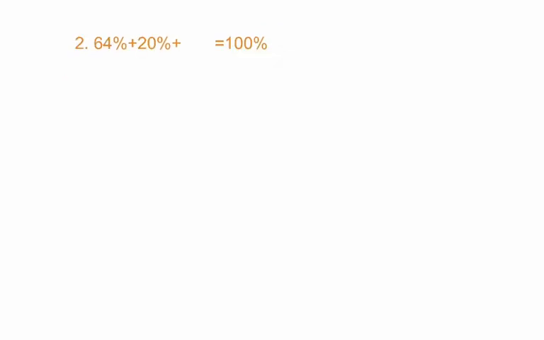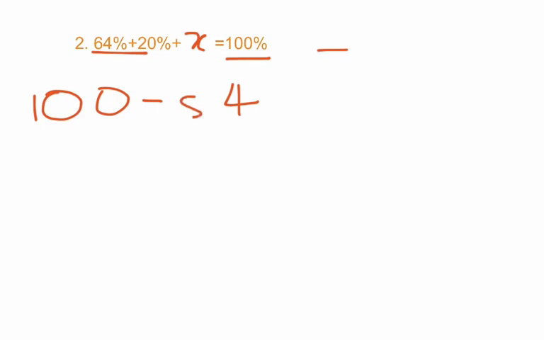Don't get confused. It is a similar method. In this method, what we have to do is add this first, then subtract it from that, and this is x, and your answer will be x. So first do 100 minus 84, which is 16, right?